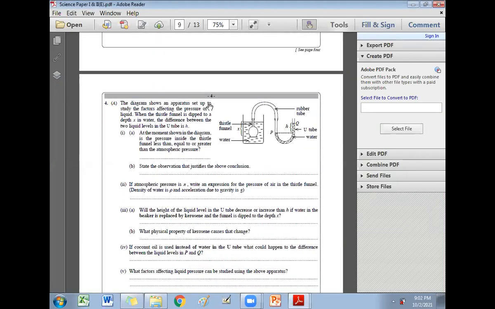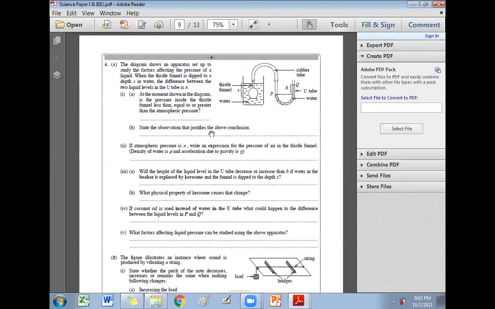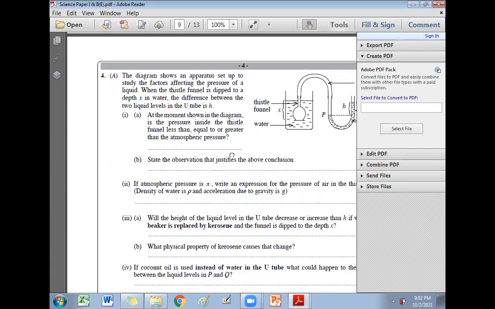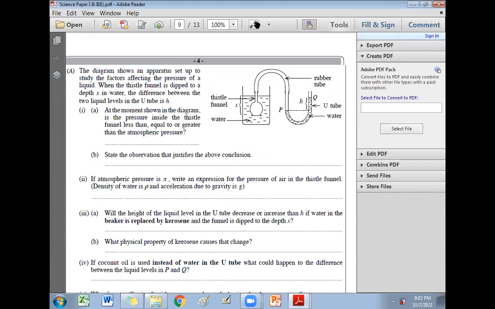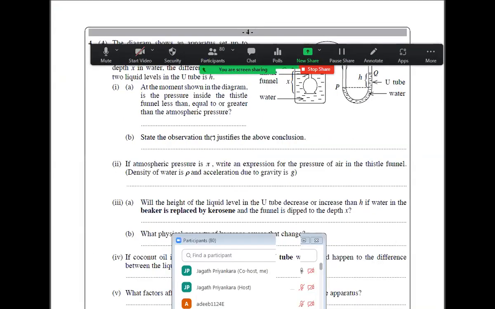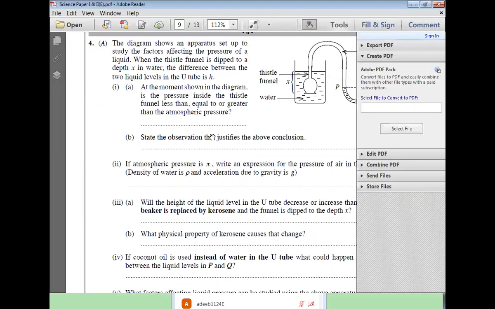Let's move to question number 4. You have the paper with you, right? I have shared this on your WhatsApp, or you can increase the screen size. Part 4A.